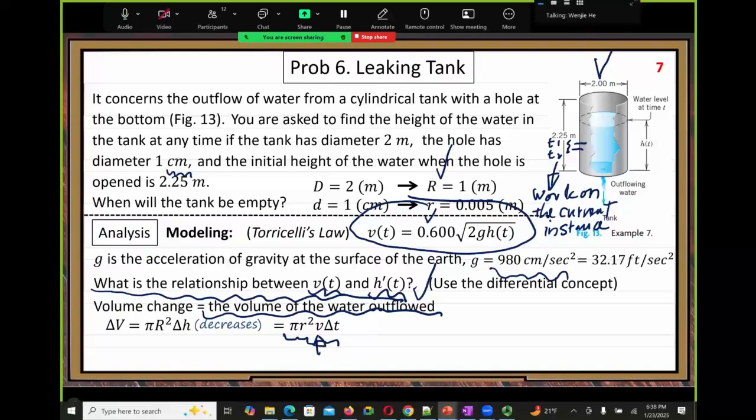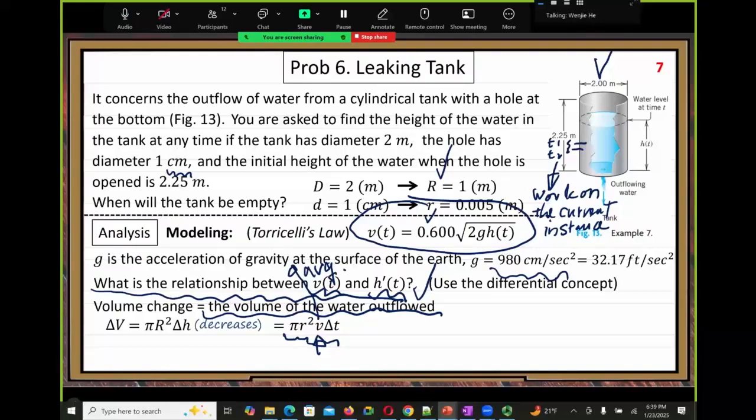This v should be the average velocity in that delta t period, because the velocity changes, and the best velocity to use is the average. That's the critical question. So this should be the average velocity.